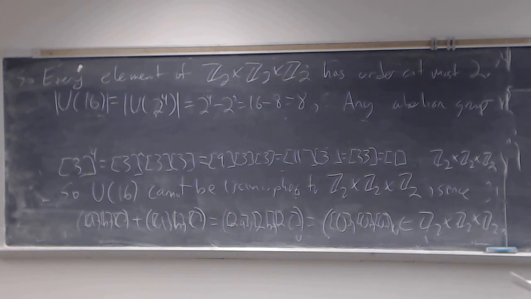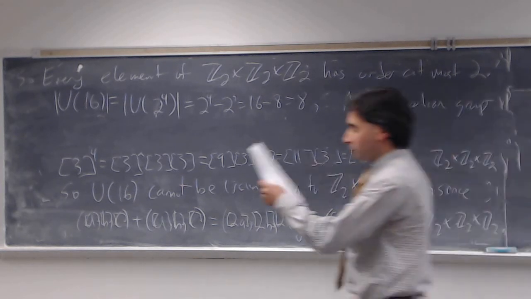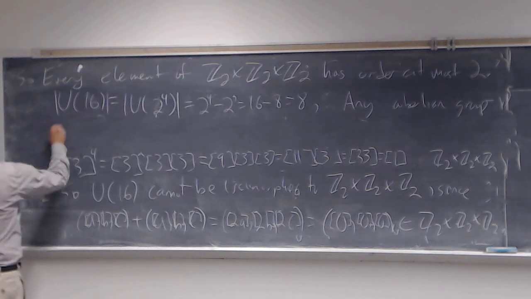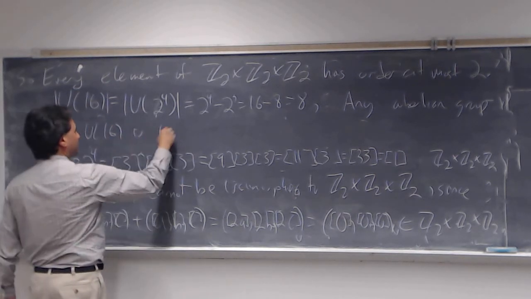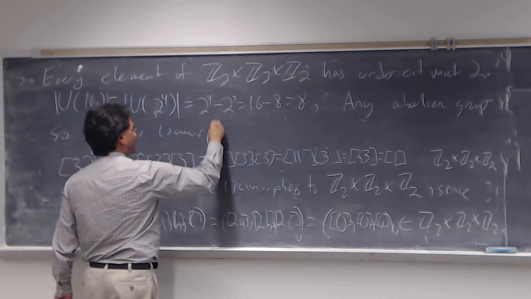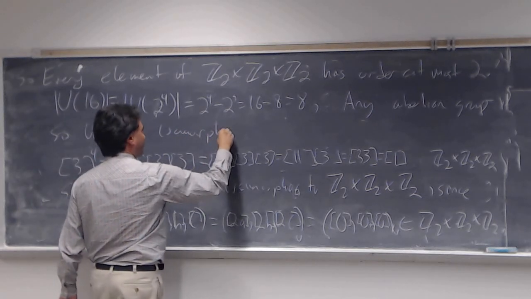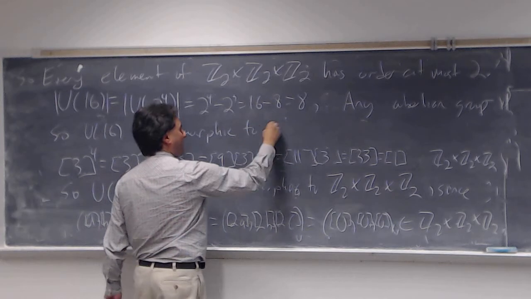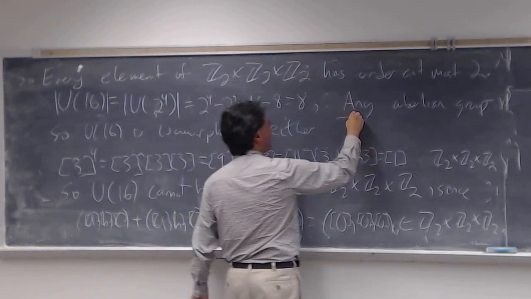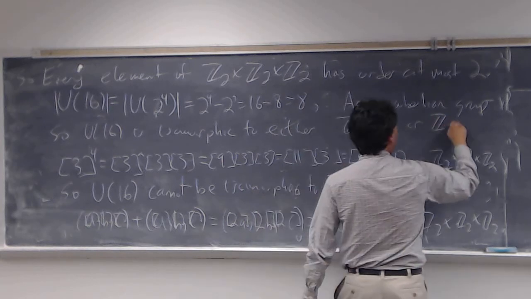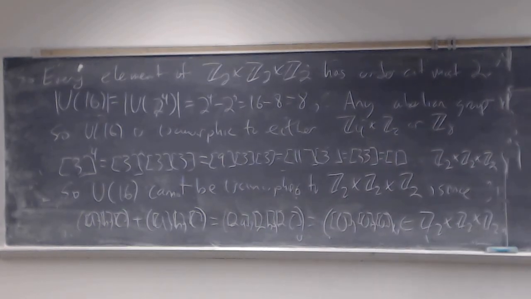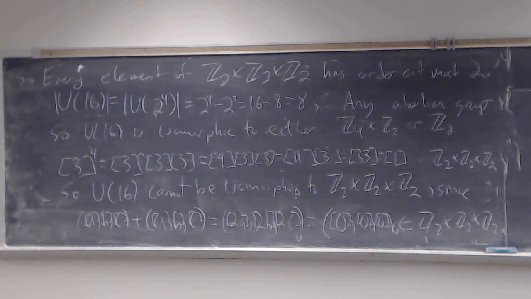So our choices are narrowed down. Now we're down to 2 choices. So it's isomorphic to either Z4 cross Z2 or Z8. What determines which one it's isomorphic to?